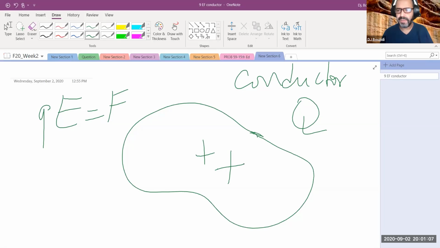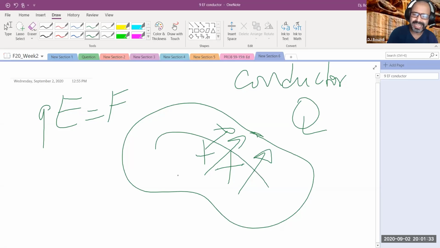So there will be an electric field inside. Since there is an electric field inside, these charges must move along the direction of the electric field. So the charges start moving. When they do move in one way or the other, depending on which way the electric field is pointing, they cannot basically escape the material, and they will end up on the surface.